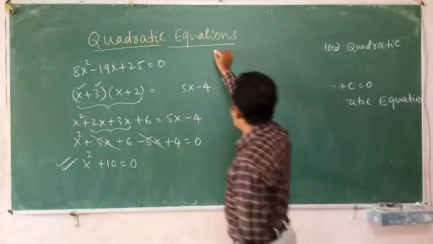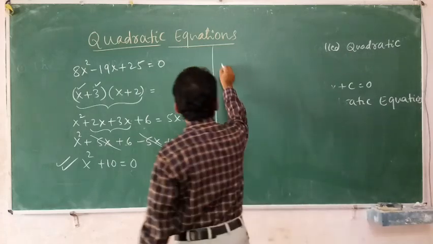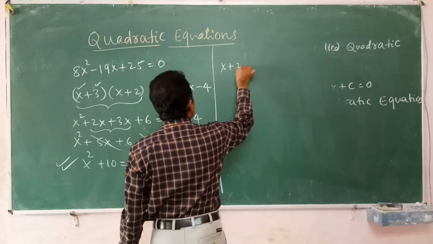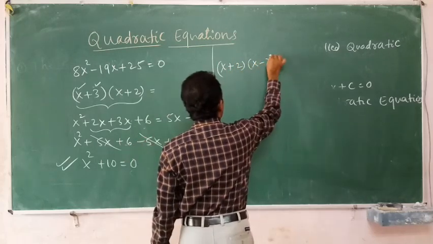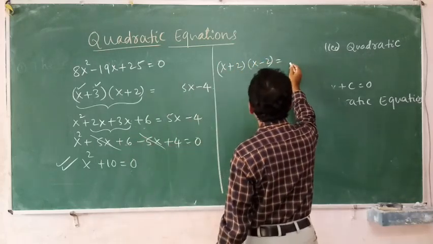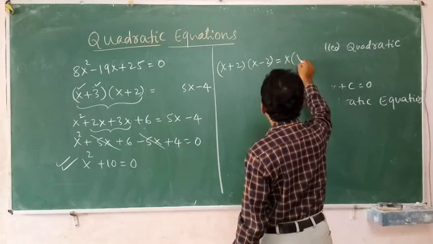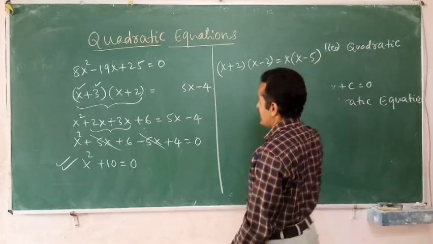Let me go for one more example. X plus 2 into x minus 2 is equals to x into x minus 5.